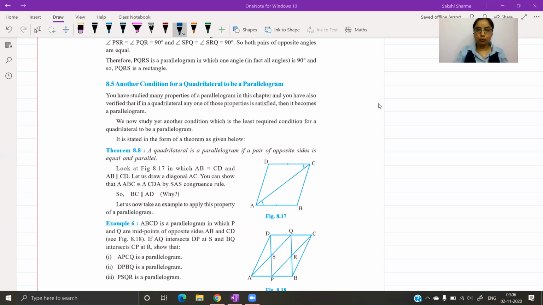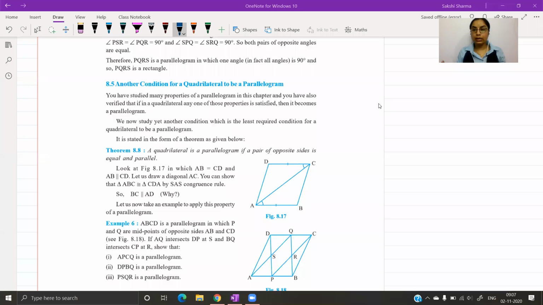The triangles are congruent. So that's a separate result. After that, the 6 theorems we have done were based on the properties of a parallelogram, that if there is a parallelogram, you can prove its properties. You can prove that the opposite sides are equal. You can prove that opposite angles are equal. You can prove that the diagonals are bisecting, and you can prove the vice versa as well.